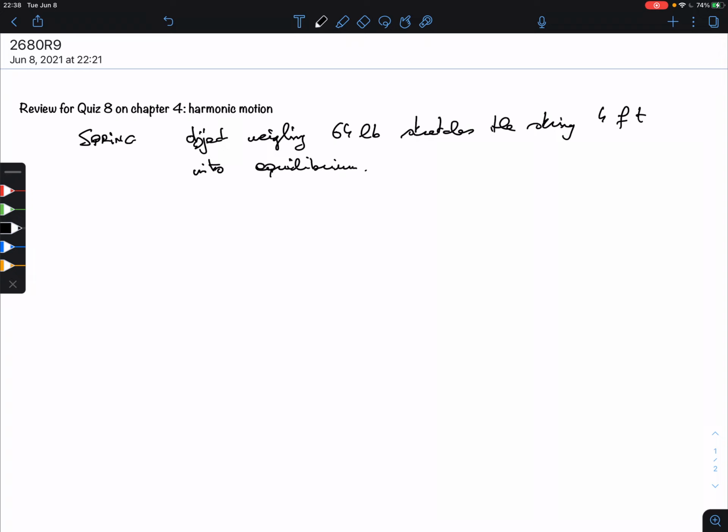Okay, there is a damping. There's a damping of 12 pounds per whatever.